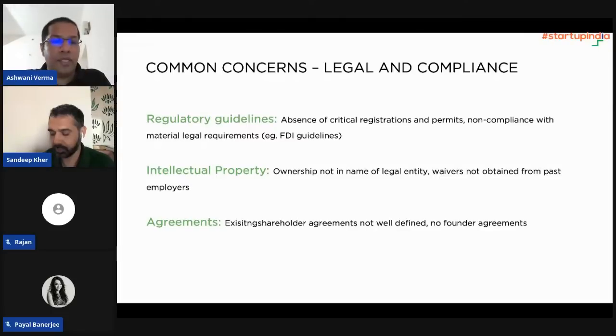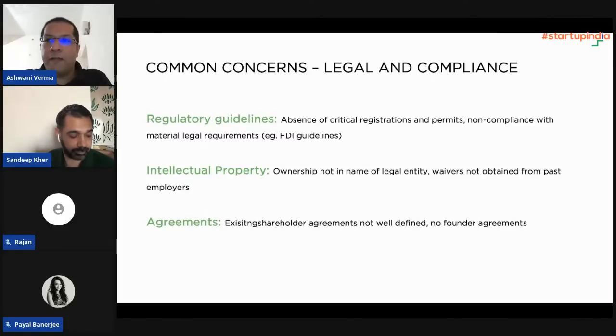Then capitalization, like the capital structure of the company, which we touched upon partially when we were discussing agreements: how the company issued the securities, what are the rights which are attached to the securities, is the cap table which is reflected in the term sheet, or which was shared with the investors at the time of initial discussion, aligned, and have all regulatory compliances in relation to issuance of those shares been done already or not?